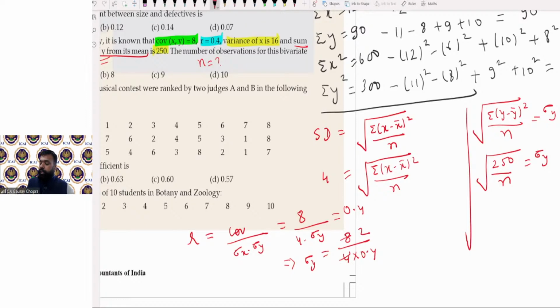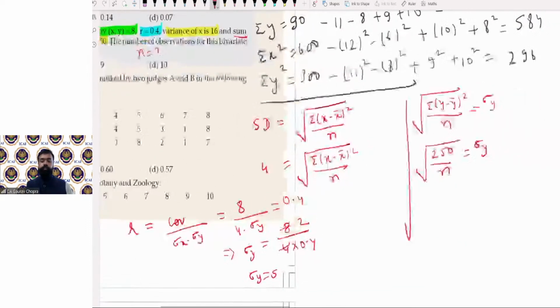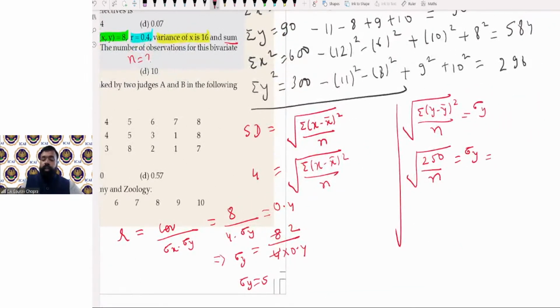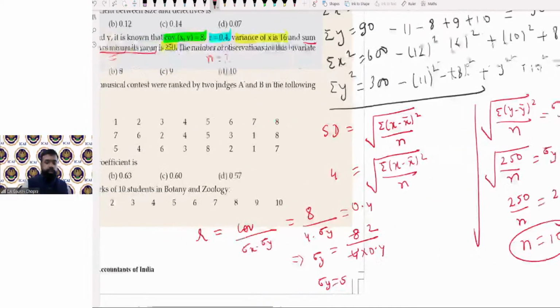How much are you getting? 5. So sigma y is 5. So here you can write 5. Now squaring both sides, 250 upon n is equal to 25. Therefore, n is equal to 10. So in this way, you can calculate the value of n. The value of n is 10 in this question.